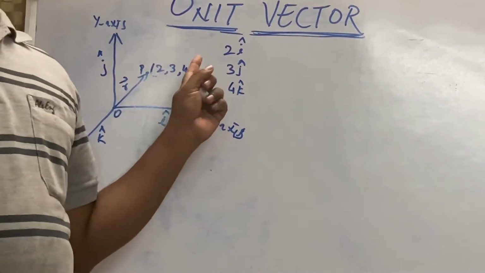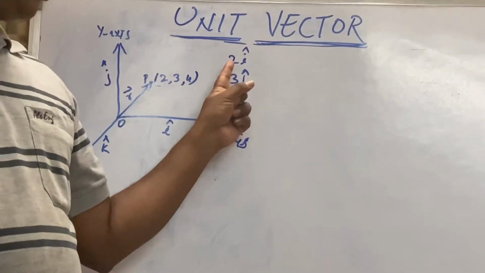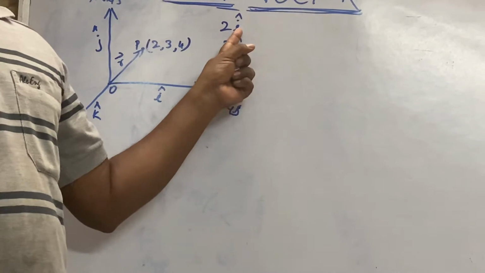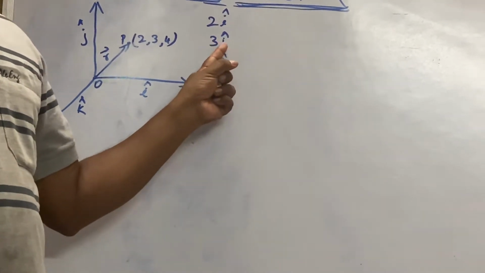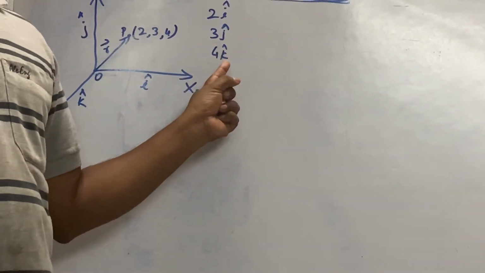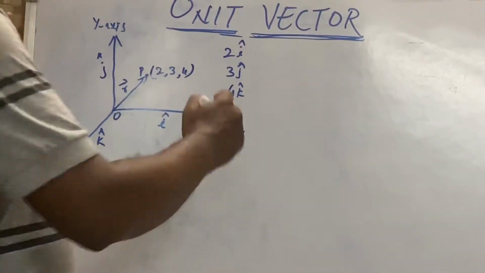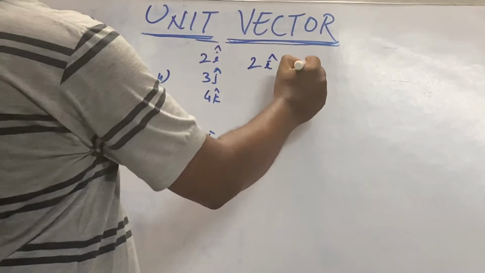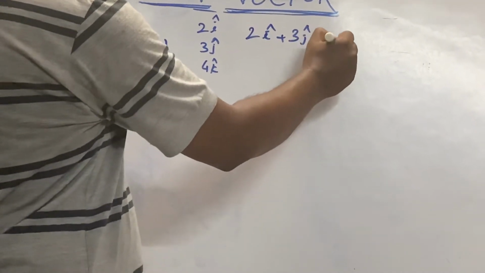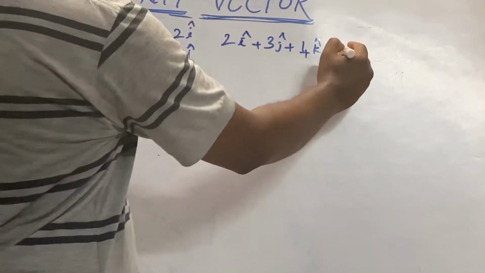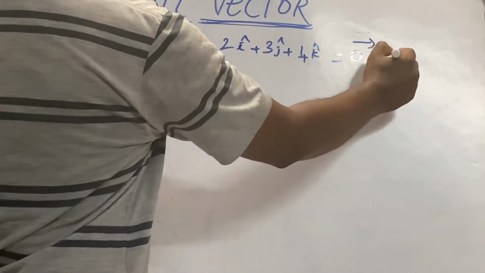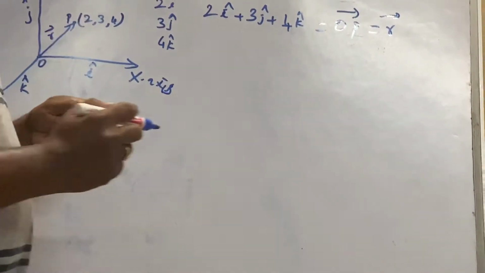Each term represents a magnitude and a unit vector. The sum of all three gives 2i cap plus 3j cap plus 4k cap, a vector called OP vector or r vector.